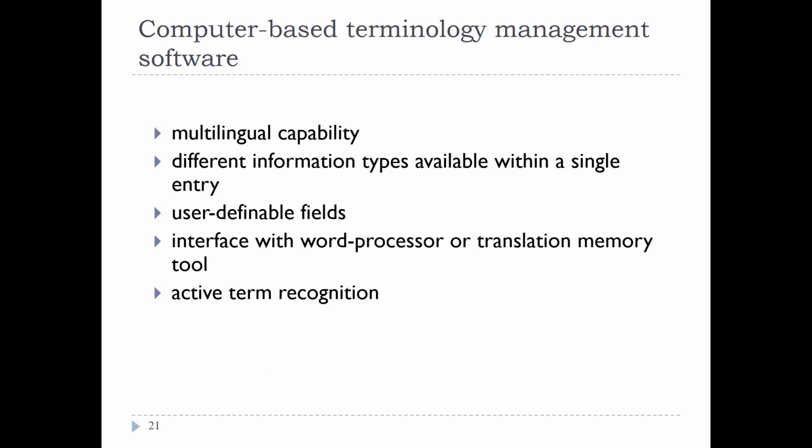They will permit that external program to perform what's referred to as active term recognition, so that when you as a translator move on to a new sentence, it will scan that sentence and highlight all the terms which it has located within the term base, or sometimes it will open a window on the side of the screen and list them.